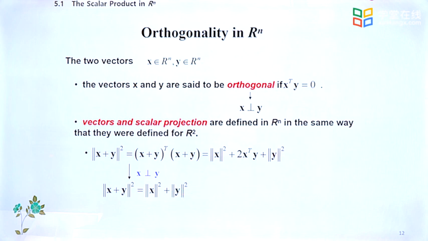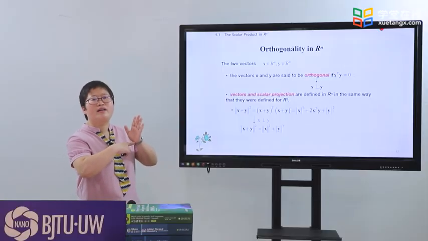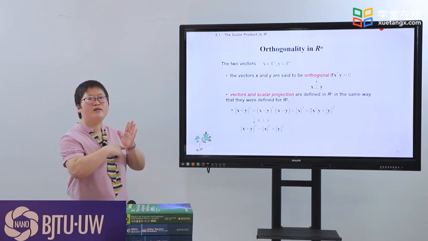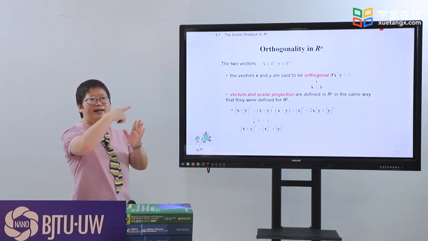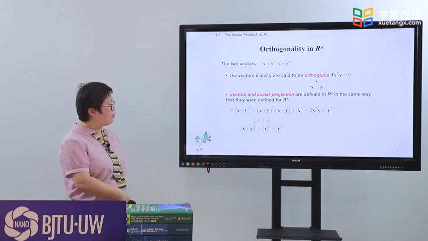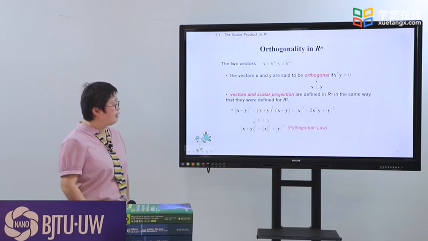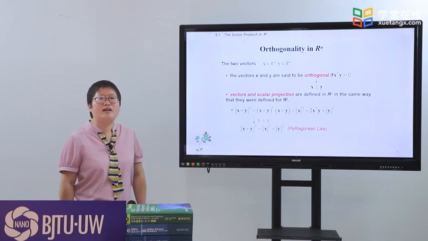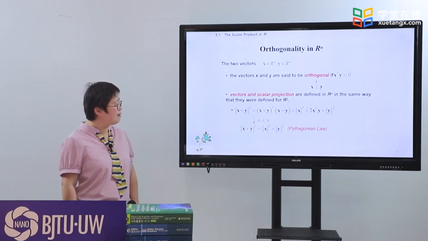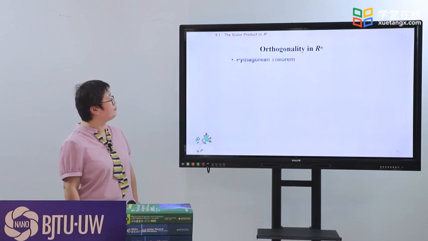If you consider a triangle, because x and y are orthogonal, they are perpendicular, so the two edges are perpendicular, and x plus y is just the other edge, right? So of course we have this one. We are familiar with this result, and it is called the Pythagorean law. Okay.